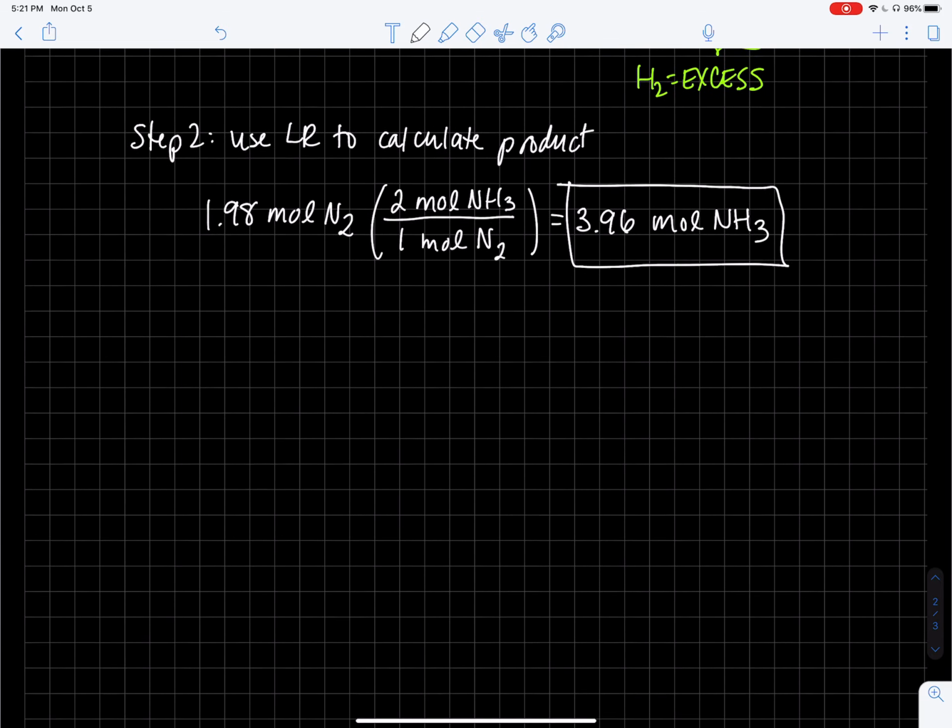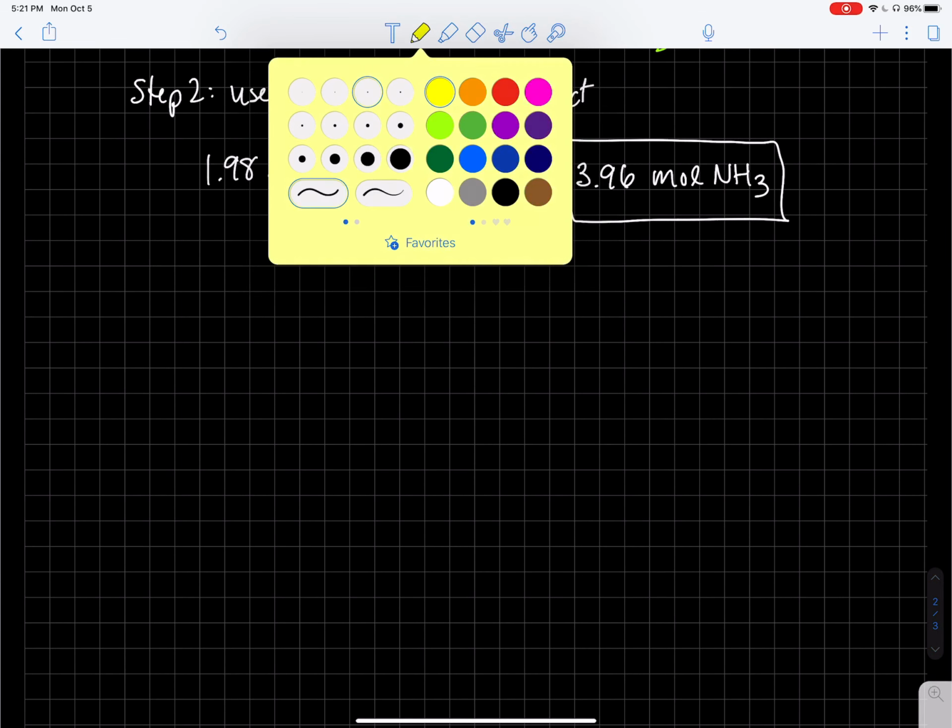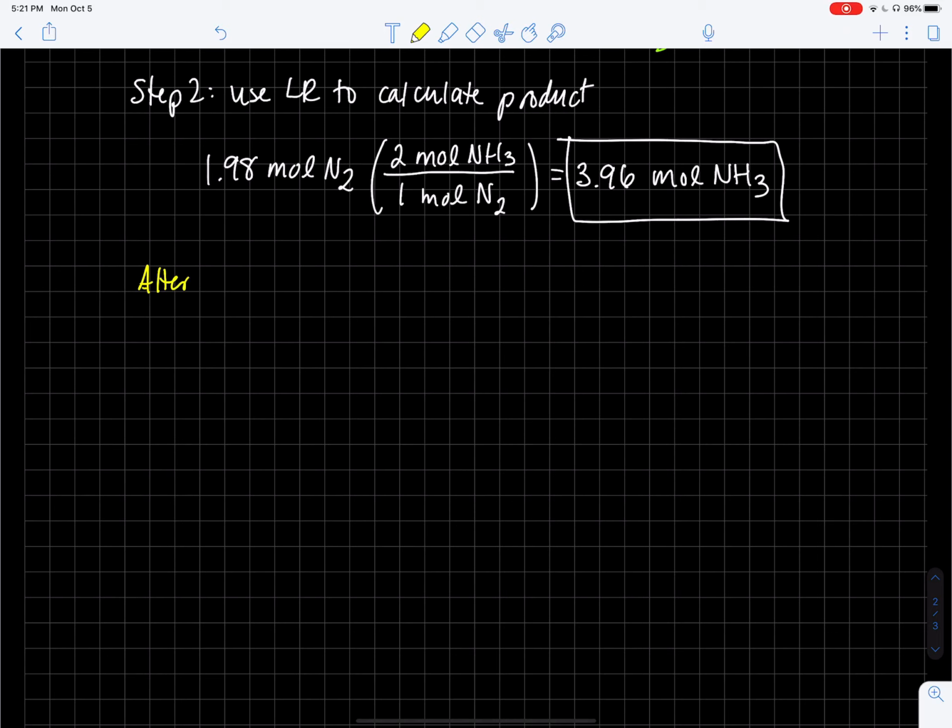I want to just show you there's an alternate way to calculate product in a limiting reagent situation. And by the way, how do you know you're in a limiting reagent situation?